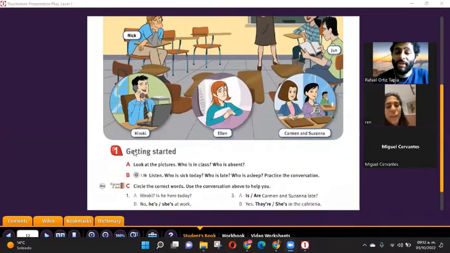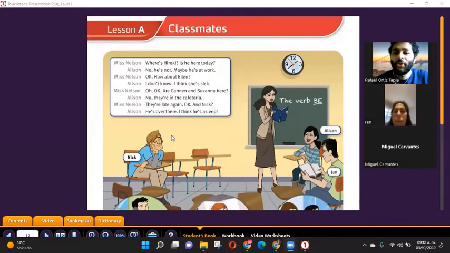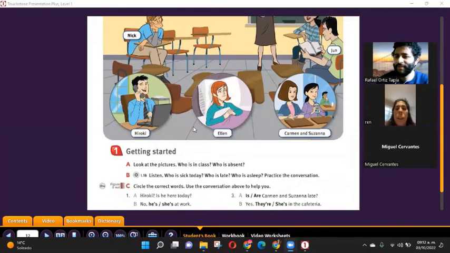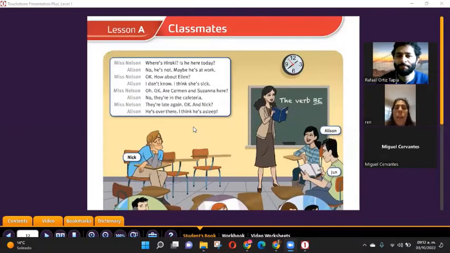Now it says here, look at the pictures. So who's in the class and who is absent? According to the conversation, who is in the class? Nick. Okay, Nick. Who is Helen? No, not all, just Nick. Okay, Nick is in the class. Yes. He's asleep.